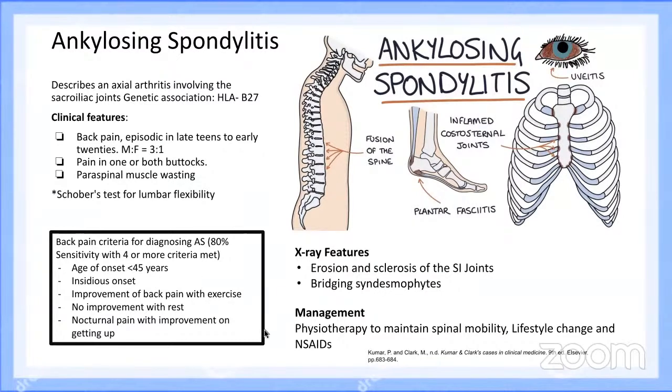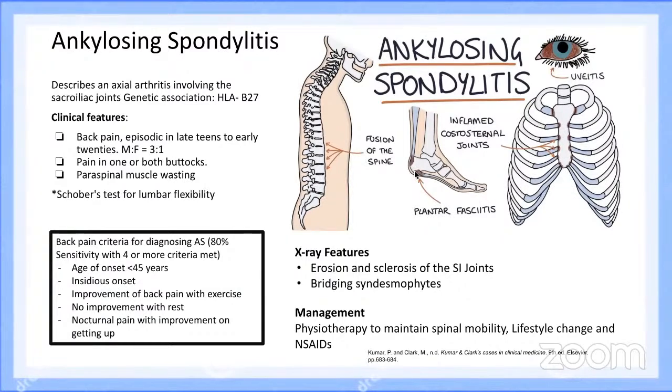In terms of management, it's also important to manage the pain, but physiotherapy is most important to prevent syndesmophytes forming if they have not already. And then in severe forms, they can be referred for biologics at a tertiary facility.